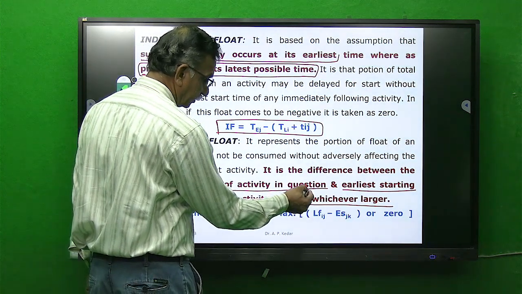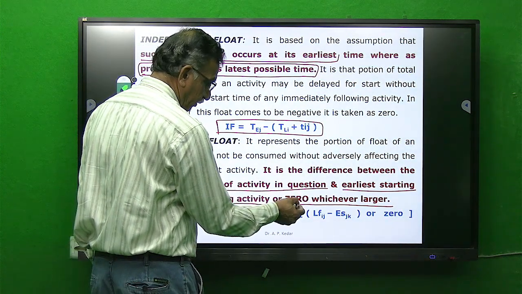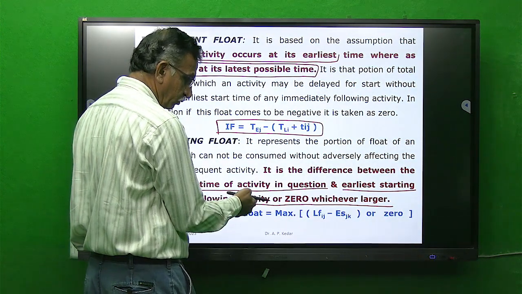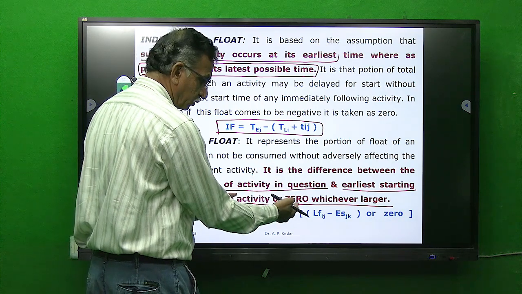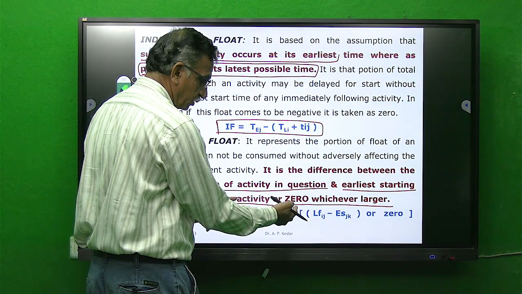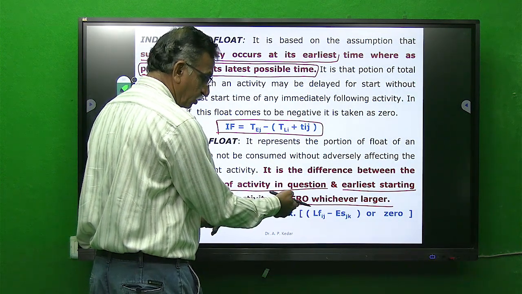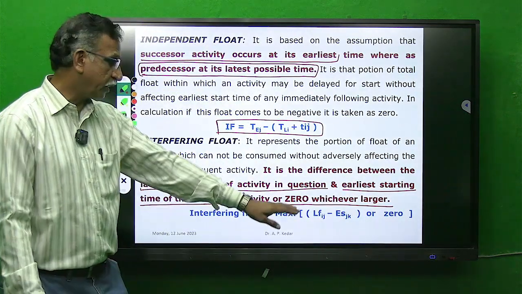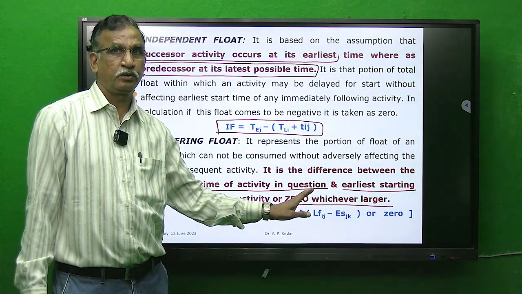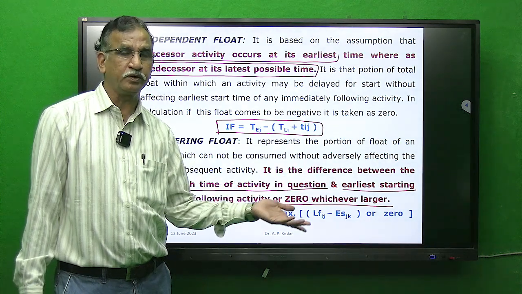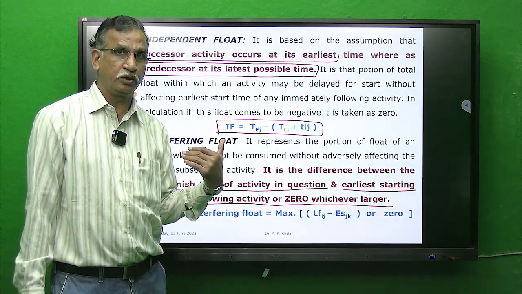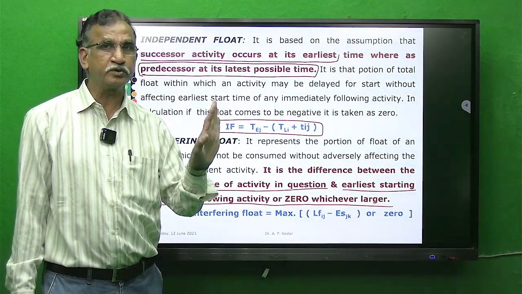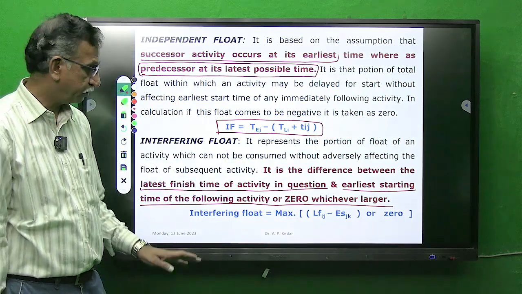You will get two values, one calculated value, and 0 if it is negative, and amongst those you have to take the maximum value. Suppose I get values of 5 and 0, maximum is 5. If I get a negative value and 0, maximum is 0. That is the meaning of this statement.